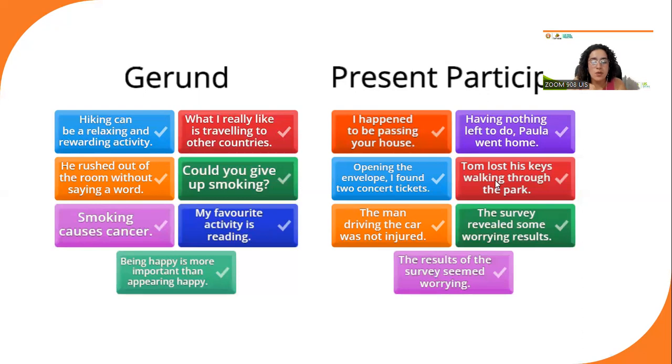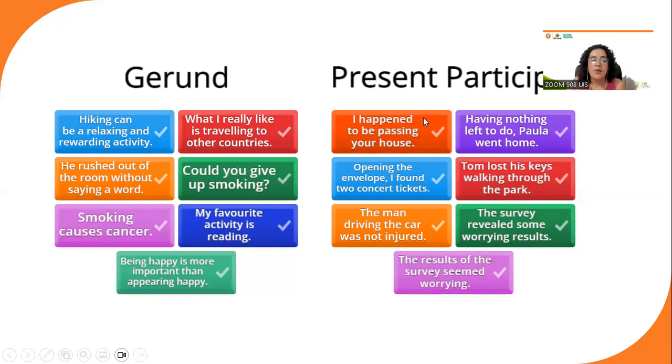Tom lost his keys walking through the park. In this case, the man driving the car, driving is defining the man, so it's like an adjective. Worrying results also is working as an adjective, defining the results. And the results seemed worrying, also an adjective, okay? So those were the differences between gerund and participle.